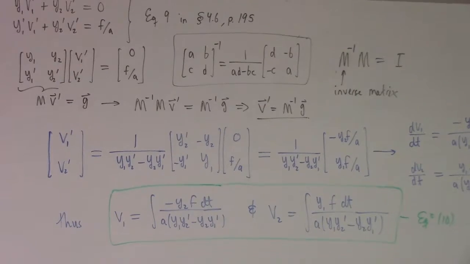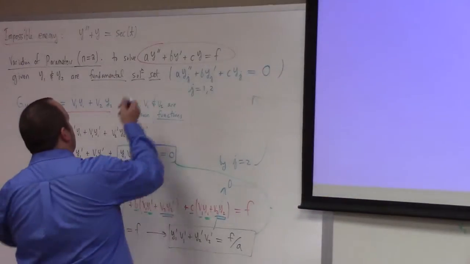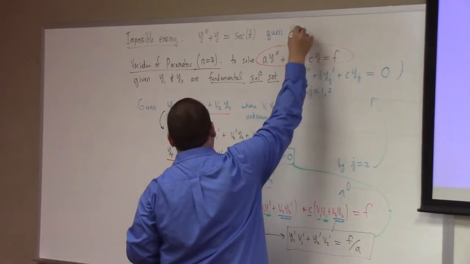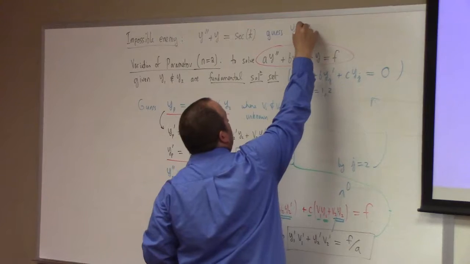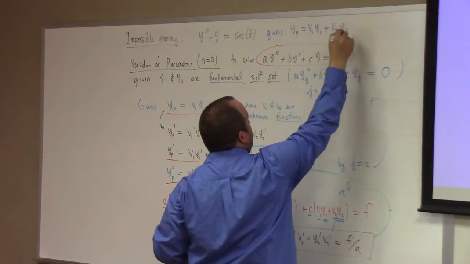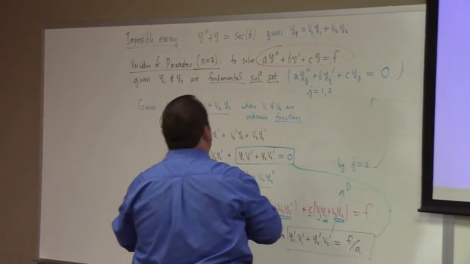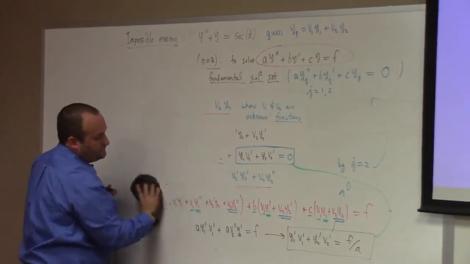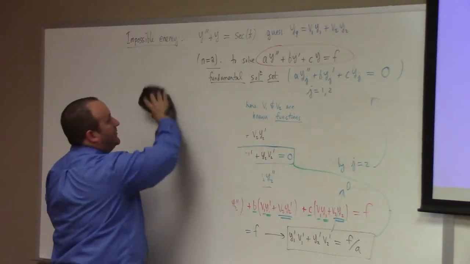We're trying to solve the differential equation, right? So we can guess that yp is equal to v1 y1 plus v2 y2. What should we make y1 and y2 here?